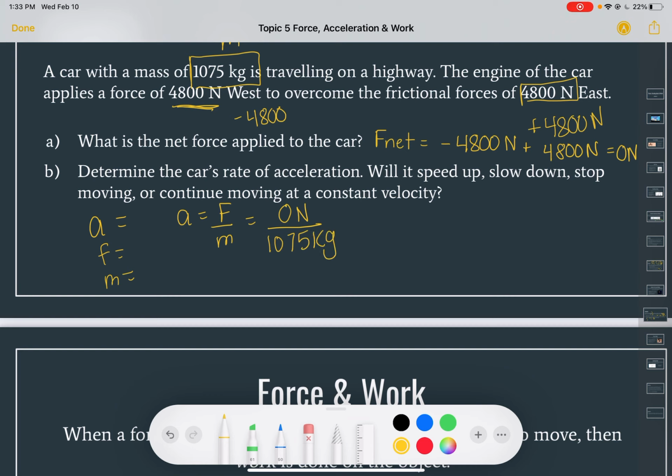So regardless of this, this 0 is going to tell us that our acceleration is 0. And in knowing that, that means we're not speeding up, definitely. And because we don't have any net force, we're going to assume that we are not moving, we're stopped.